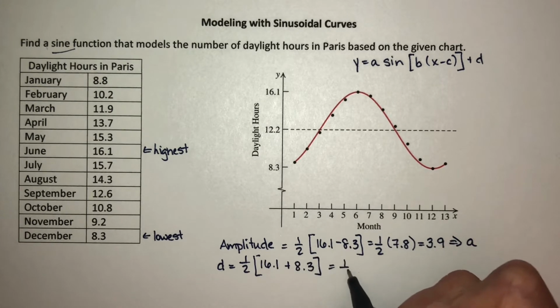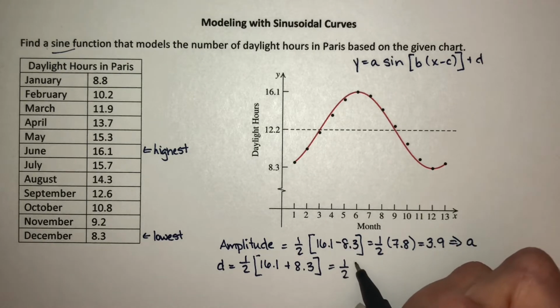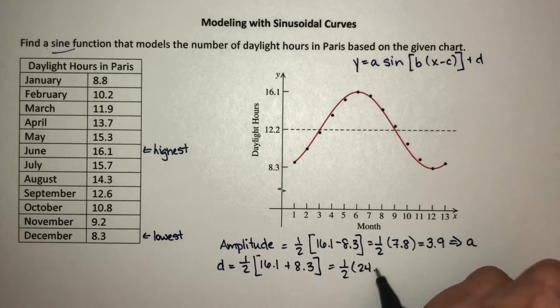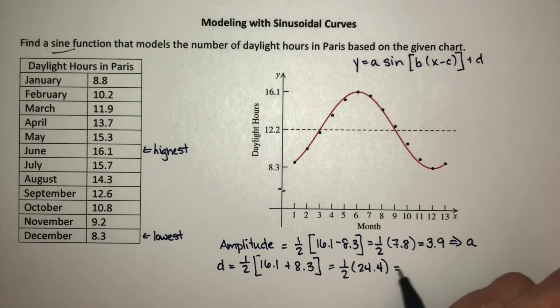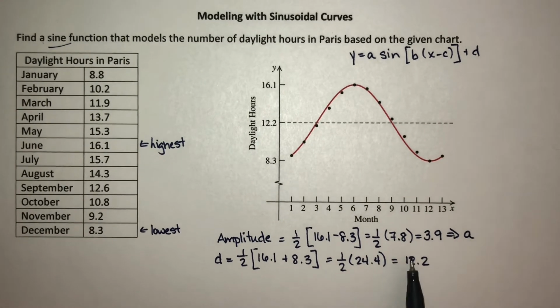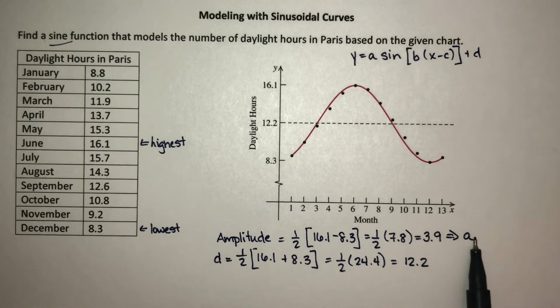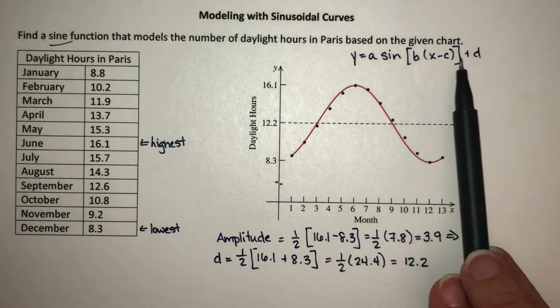We get 1/2 of 24.4, which is 12.2. So I now know my A value and my D value. I'm still looking for B and C.